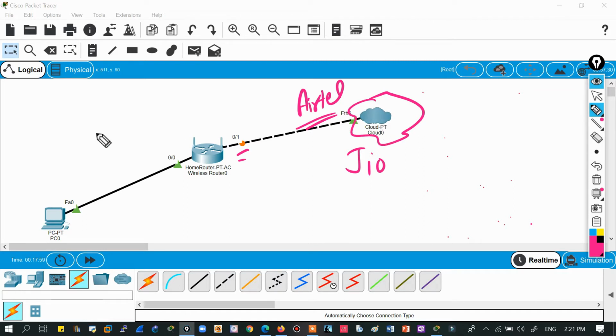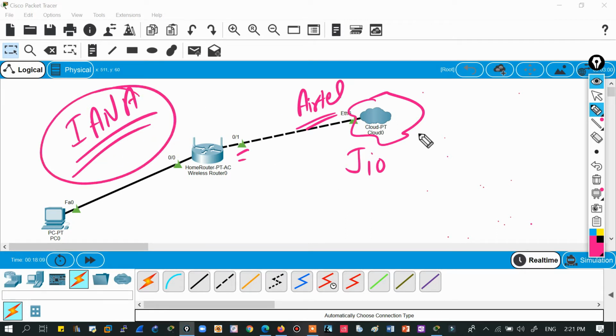No. So who controls all of the IP addresses? There is an authority, an organization, which is IANA. IANA has all the control. Then what is the concept of RIR and everything? How IP is actually divided and distributed, we are going to cover in this part.